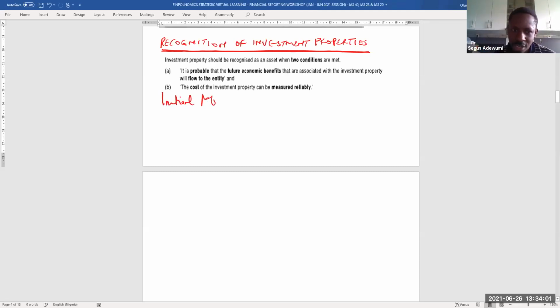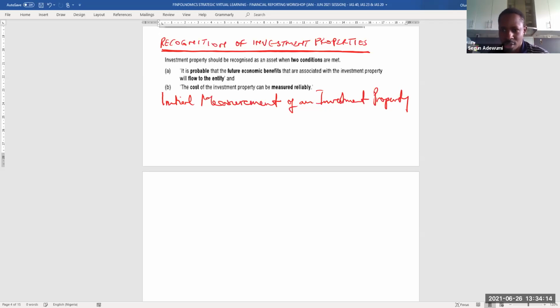So at initial recognition, I think investment property should be recognized at cost, which includes the cost of the asset itself and maybe the cost of bringing the asset to the point of use. I mean, that should be the cost at which it is recognized.